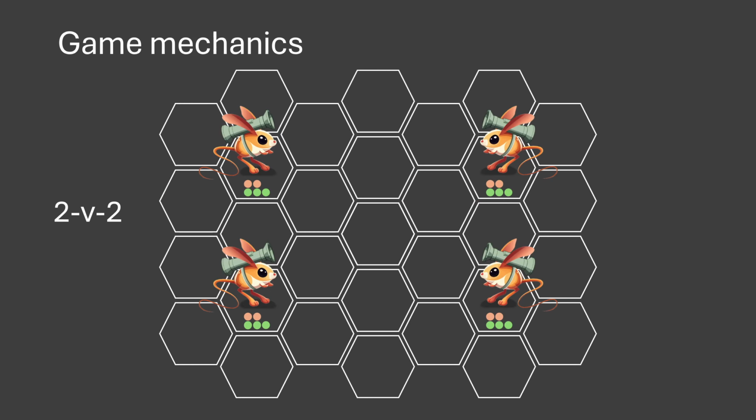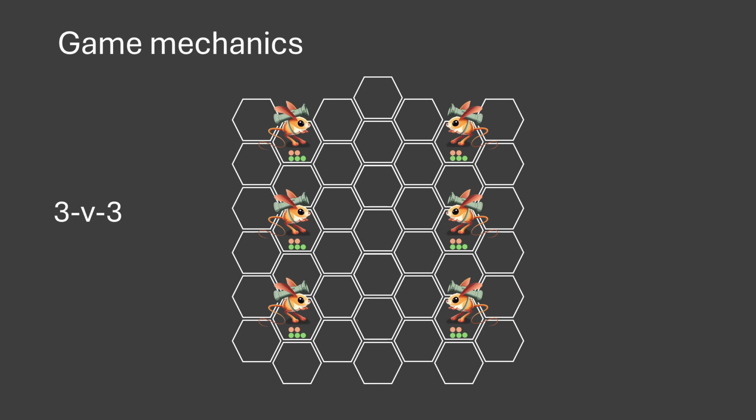All right, the 2v2 setting will have 2 teams opposing each other on each side of the board, and the 3v3 matches will have 3 players like this.